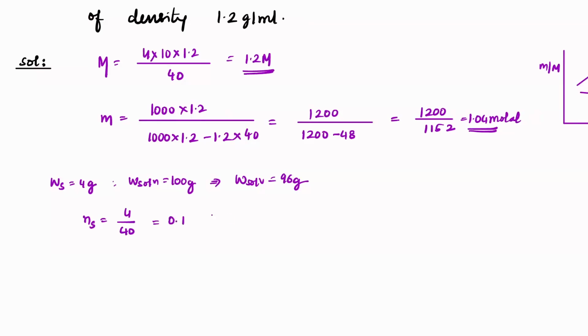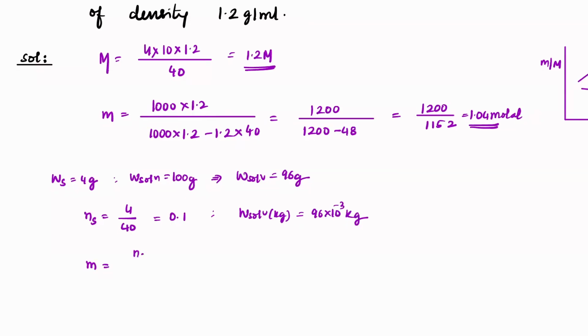Okay. And the weight of solvent in kgs would be 96 into 10 raised to power of minus 3 kgs. Hence, molality is equal to number of moles of solute by weight of solvent in kgs, which is equal to 0.1 upon 96 into 10 raised to power of minus 3.